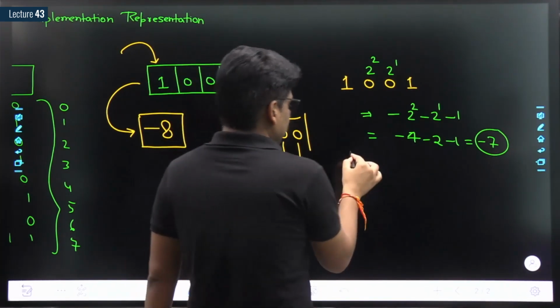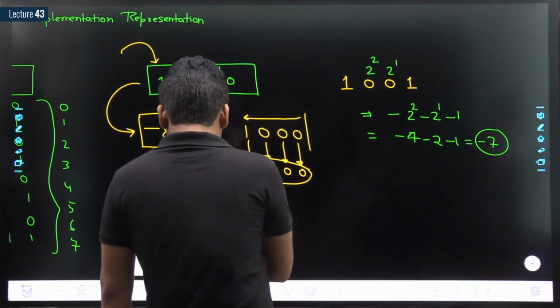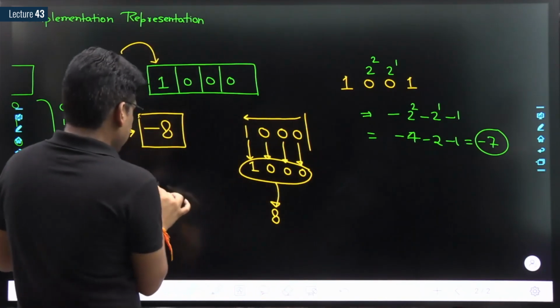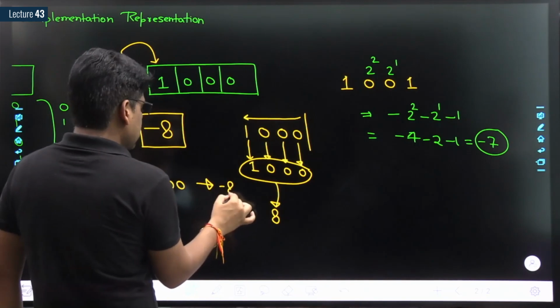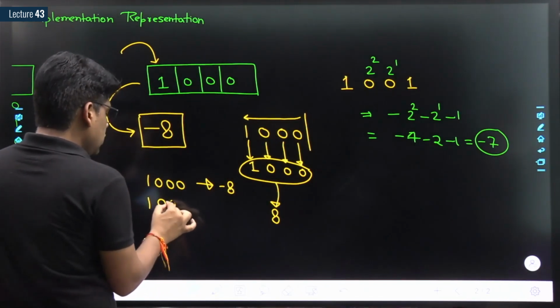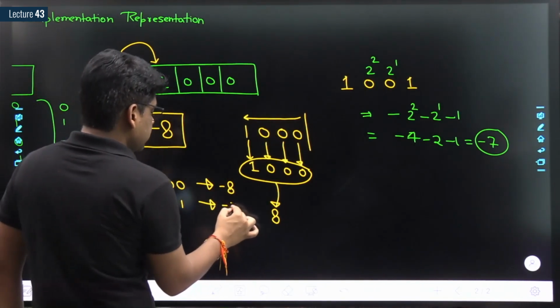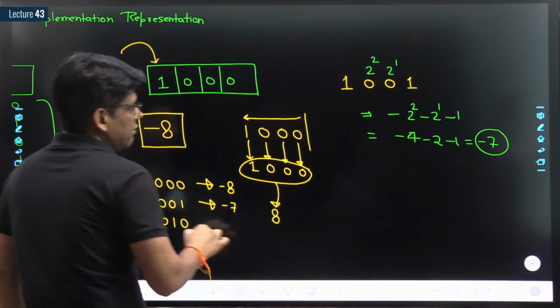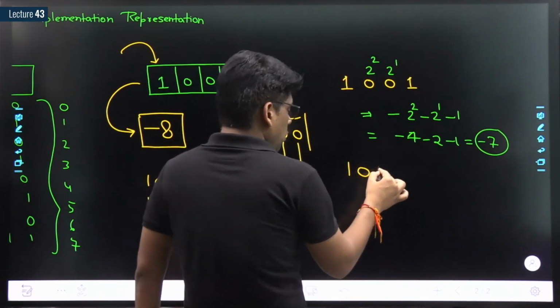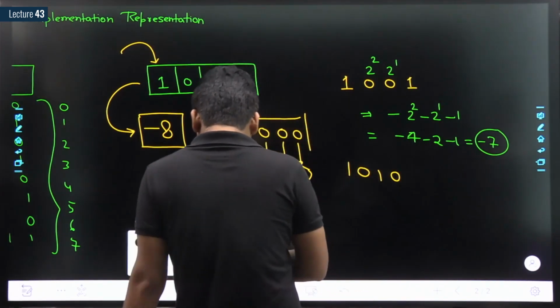Okay. Sir, please look here. 1, 0, 0, 0 represents minus 8. 1, 0, 0, 1 represents minus 7. Sir, 1, 0, 1, 0. Let's see what is the value of 1, 0, 1, 0. Let me directly calculate.